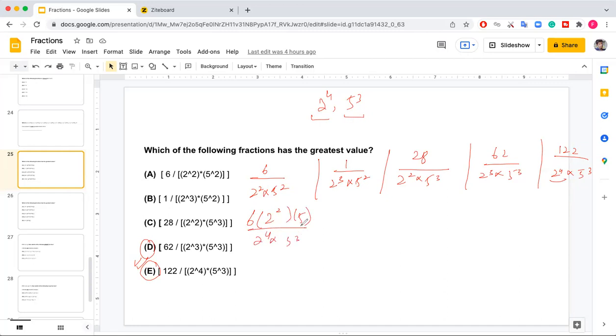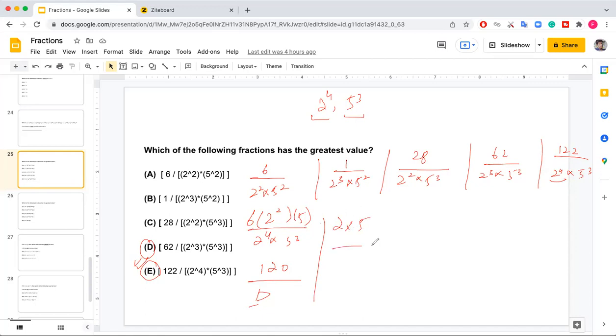So what is this value? This is 120 over whatever the denominator is, right? Next one, we have 2 cube and 5 square. To have a common denominator, which is 2 power 4, you multiply with 2 and 5, so that 5 square becomes 5 cube.